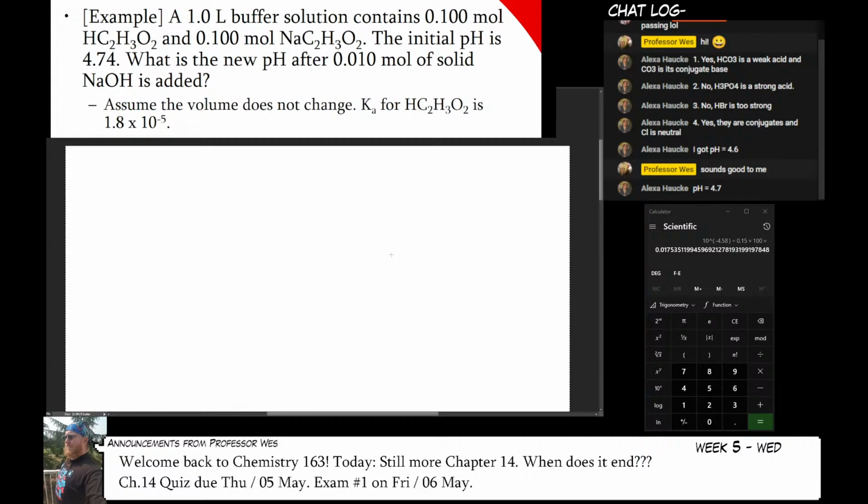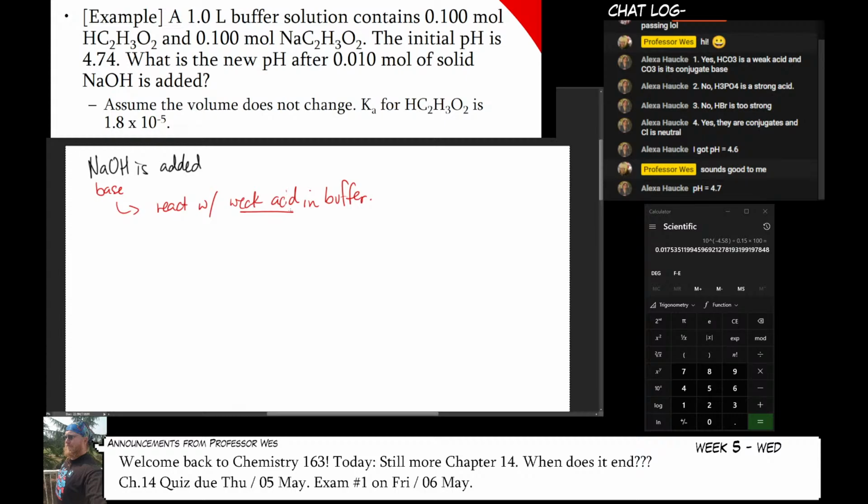All right, so I'm reacting with sodium hydroxide. NaOH is added. Now, sodium hydroxide is a base, which means that it will react with the weak acid in the buffer.